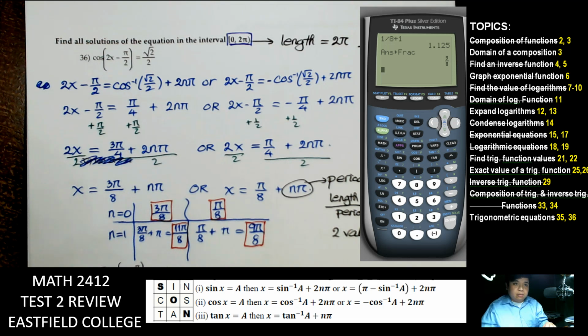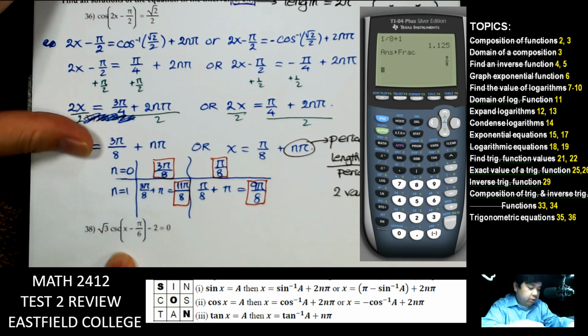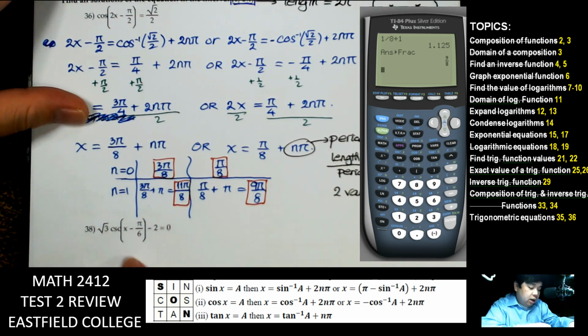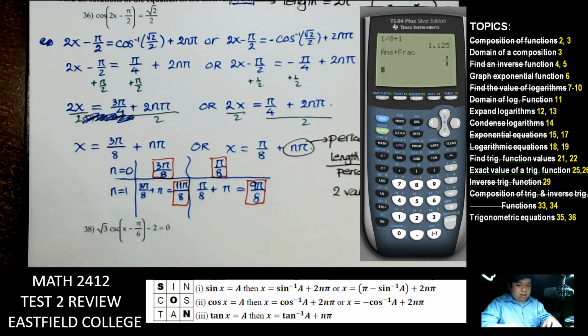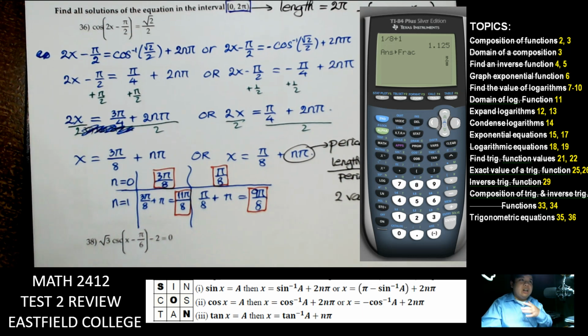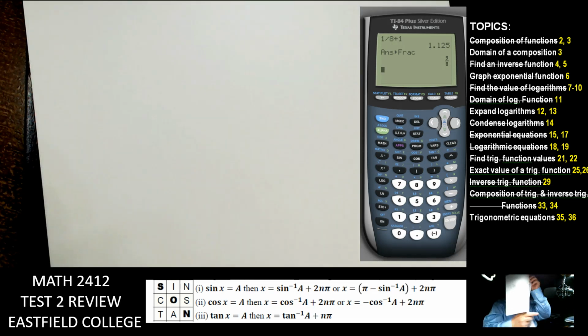Right, so that is the cosine inverse. For this one, we have to write that as the reciprocal of sine, and then we can only solve for sine, cosine, and tangent. So we need to convert that to sine.